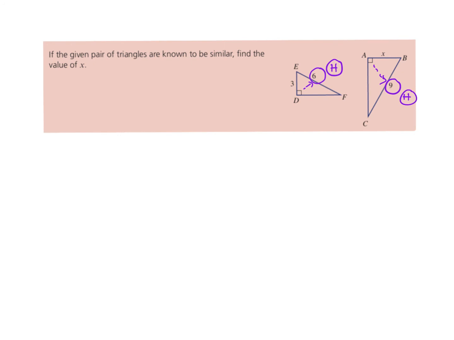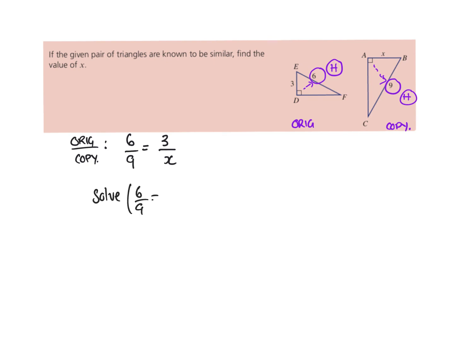So if I call this the original and this the copy, I can say the original over the copy. So 6 over 9 needs to equal 3 over x. Yeah? And so then we can do solve.